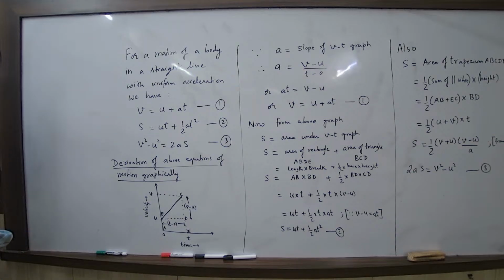Fifth. State the type of motion represented by the following sketches in figure A and figure B, and give one example of each motion. Uniform motion. Which one? Oh, uniform motion. Uniform acceleration. Yes. And acceleration due to gravity is one example.